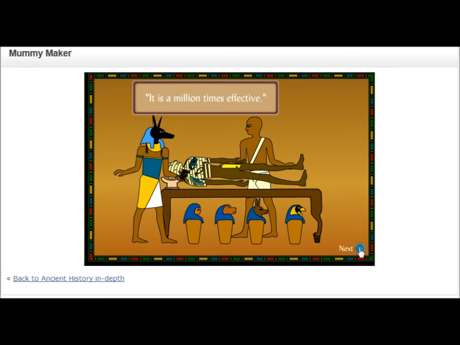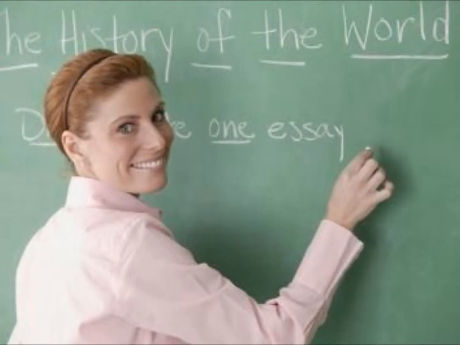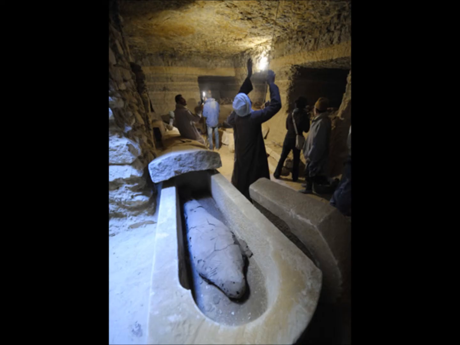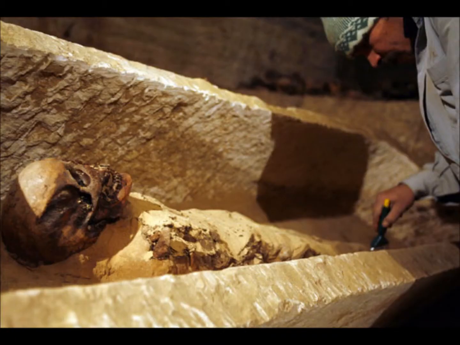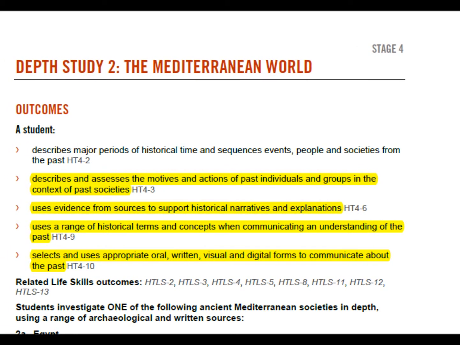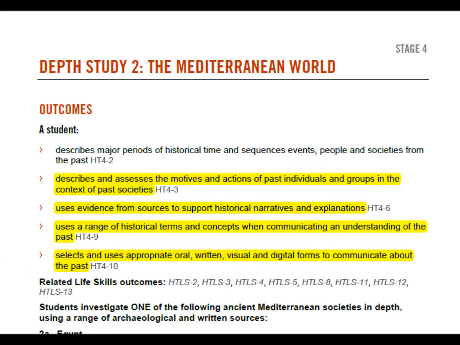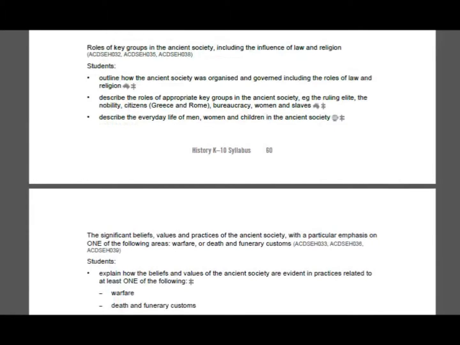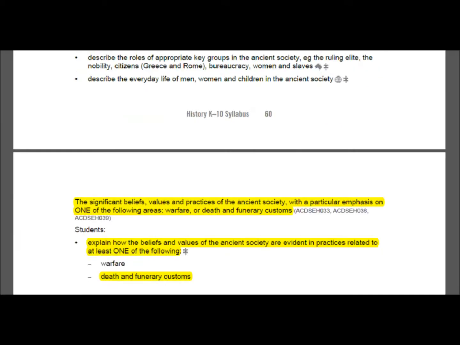Through the use of many historical terms and concepts, Mummy Maker gives the student an engaging insight into the historical narrative constructed by experts to explain how ancient Egyptians conducted their funerary customs, therefore directly addressing outcomes HT49 and HT46 from the syllabus. Further consolidating Mummy Maker's relevance to the history curriculum is its explicit link to compulsory content that outlines the need for death and funerary customs to be examined.